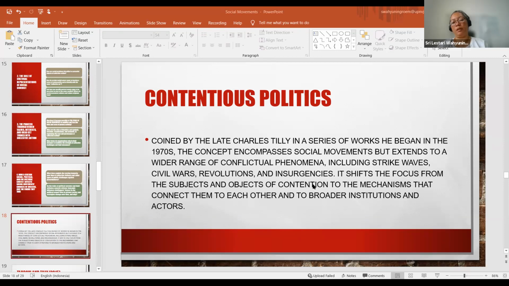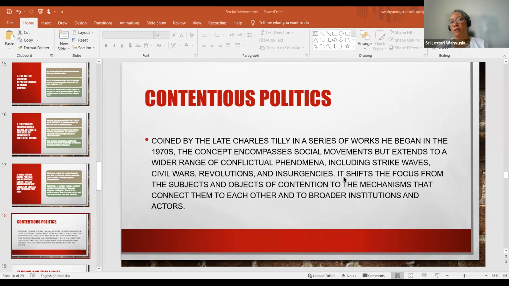Politik kontroversial. Okay, right. Thank you. Hafsah, Hafsah Mawadah. Yes, ma'am. Okay, how do you translate contentious politics? I think contentious politics in bahasa is pertikaian politik atau perdebatan politik.